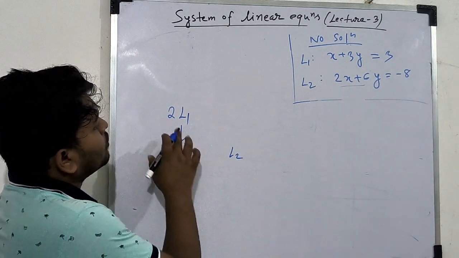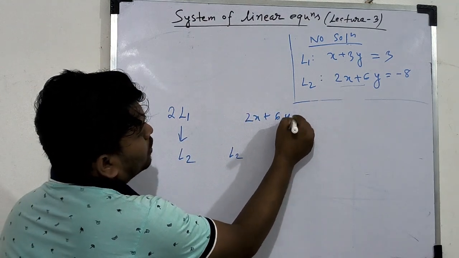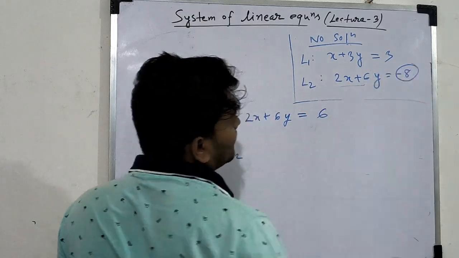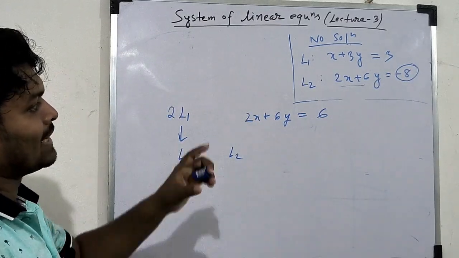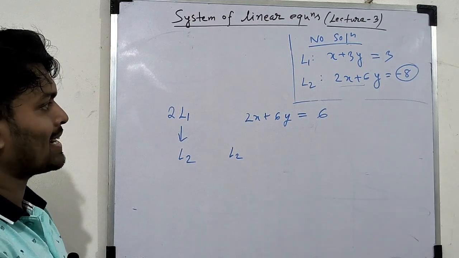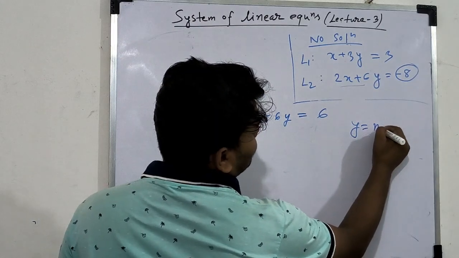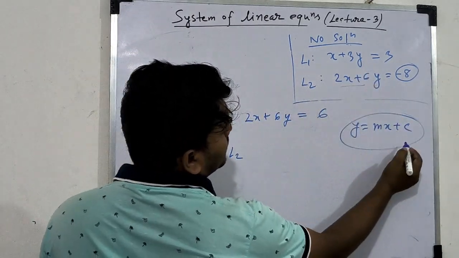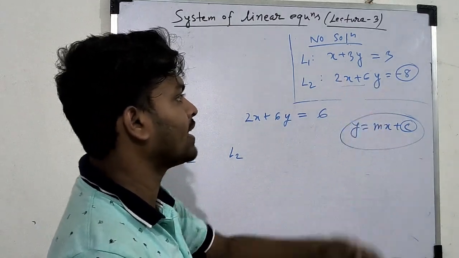If you multiply L1 by 2, you get 2x plus 6y equal to 6, but in this equation there is a minus 8. So from this you can say that these two equations have the same slope but different y-intercepts. If you assume these equations of lines, the constant term c will be different for these two lines.